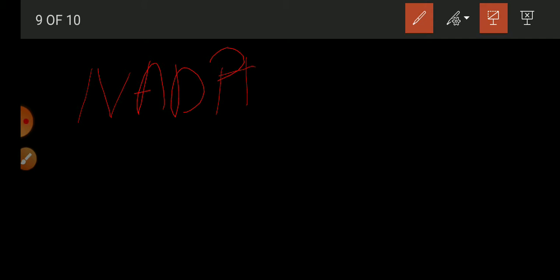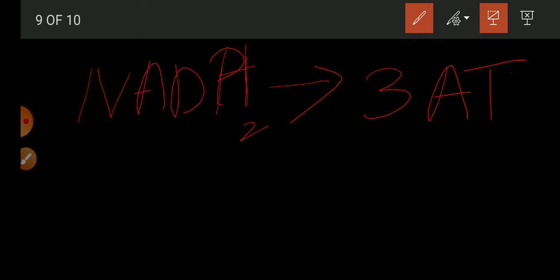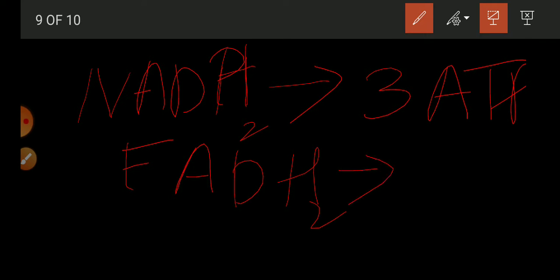So if we see here all about that energy, NADH, that is NADH2, produces 3 ATPs in the chemiosmosis process, and FADH2 produces 2 ATPs in the chemiosmosis process.